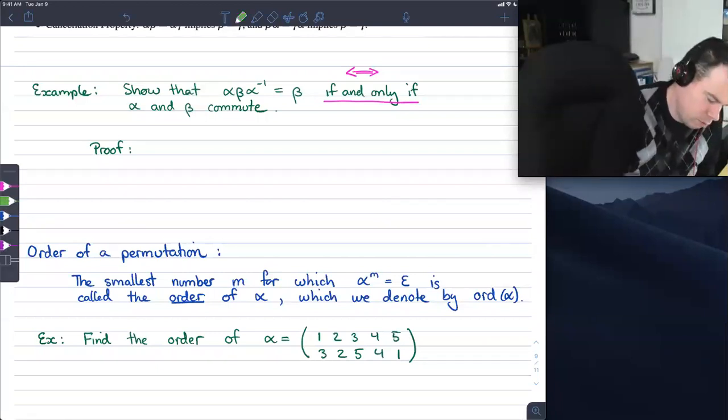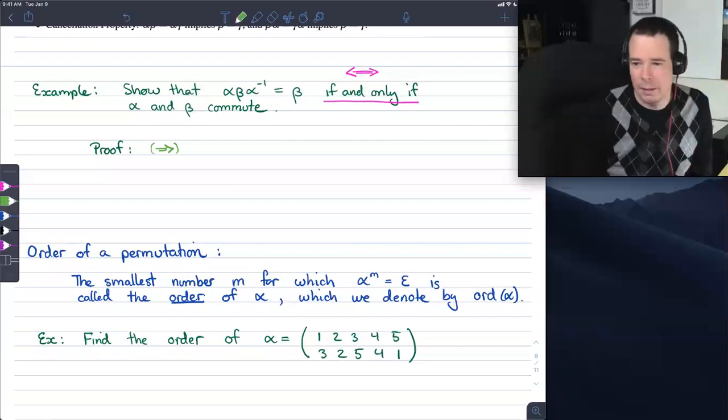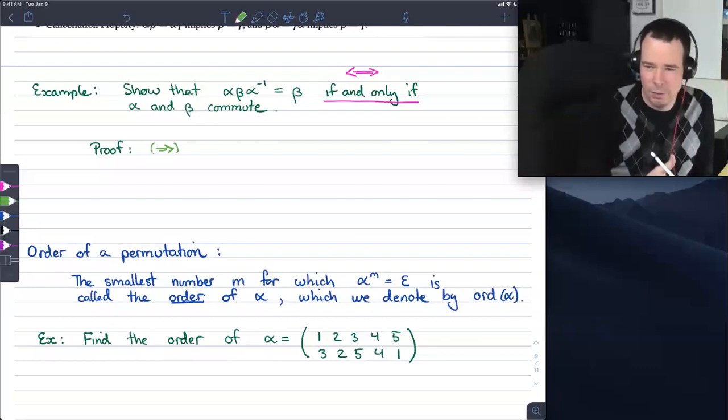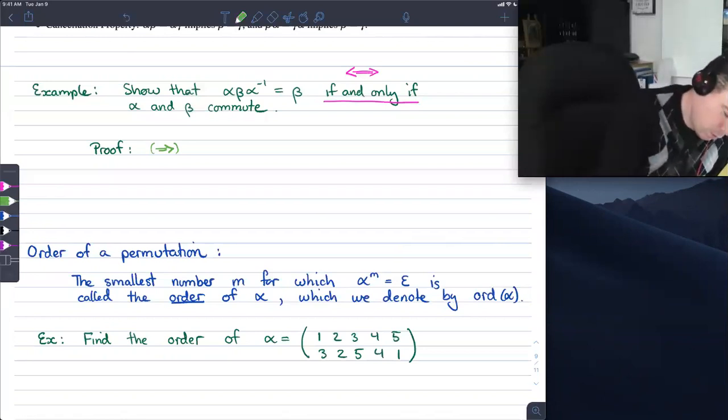What this means is there's two directions to prove here. There's this direction that says that if alpha beta alpha inverse is beta, then they commute. So what we'll do is we'll suppose alpha beta alpha inverse is equal to beta.